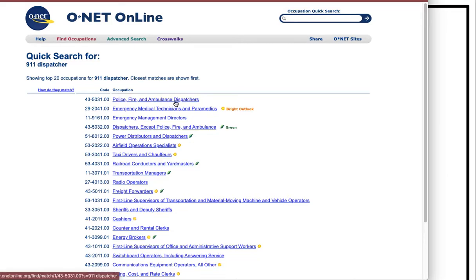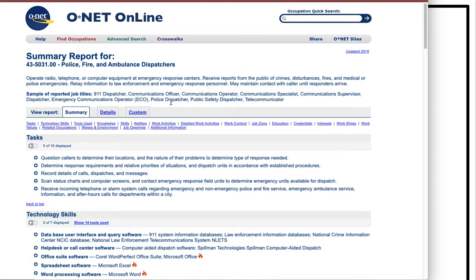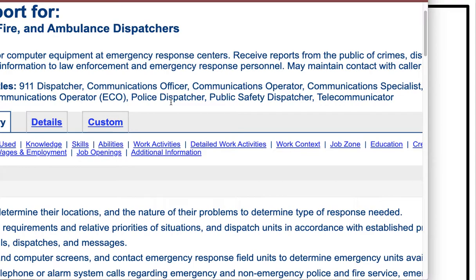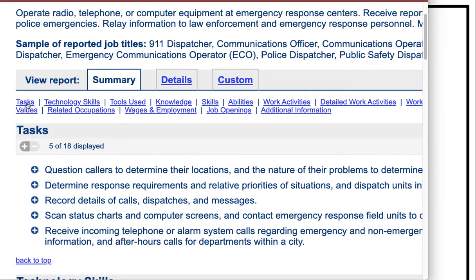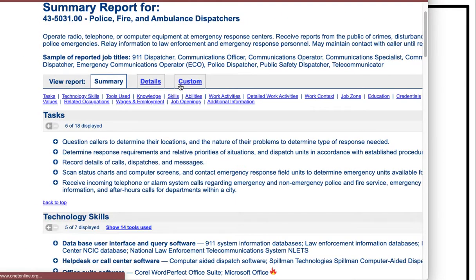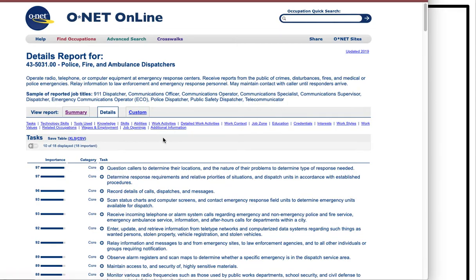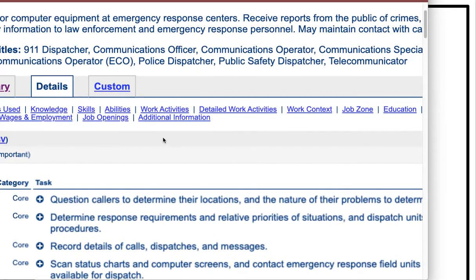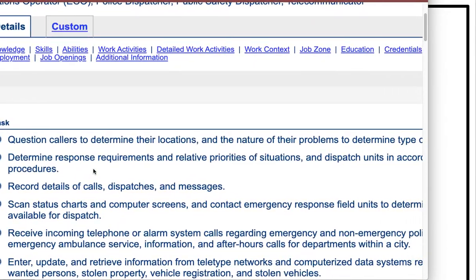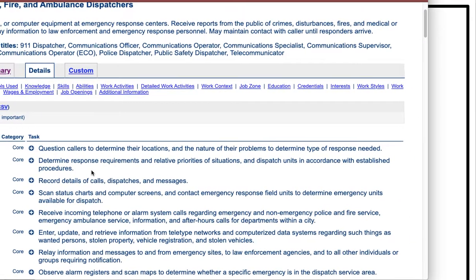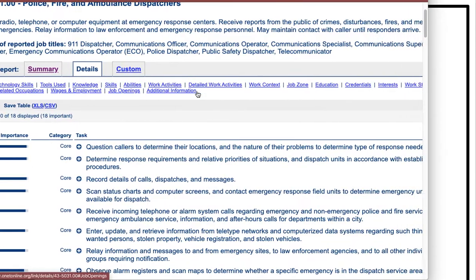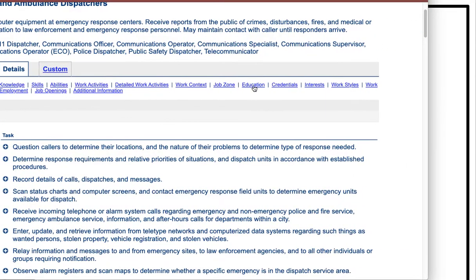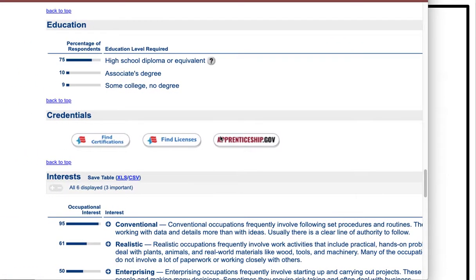So O*NET Online is very similar, maybe a little bit more detailed, because everything up here is kind of a link. You can go to details, you can see all of the tasks that they need to do. Tasks, technology skills, skills and abilities, education, that would be the same thing as training.